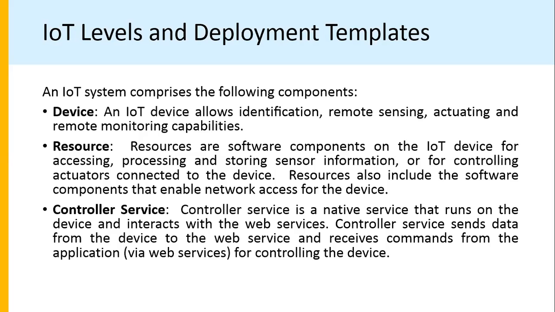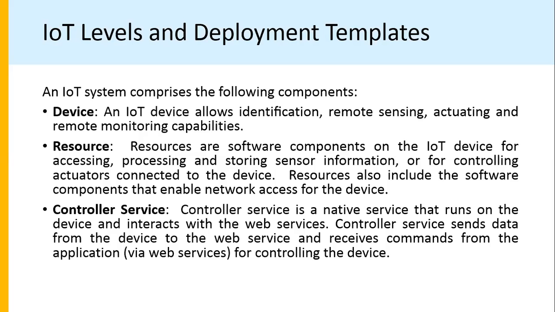Sometimes these devices have to perform some mechanical operation, so they act as actuators. So for actuating purposes also, these IoT devices allow control. And there are remote monitoring capabilities. Whatever device is a part of the network has the capability to monitor remotely.